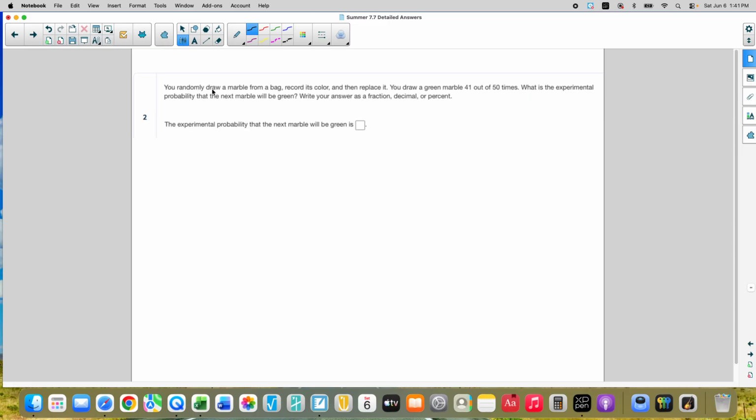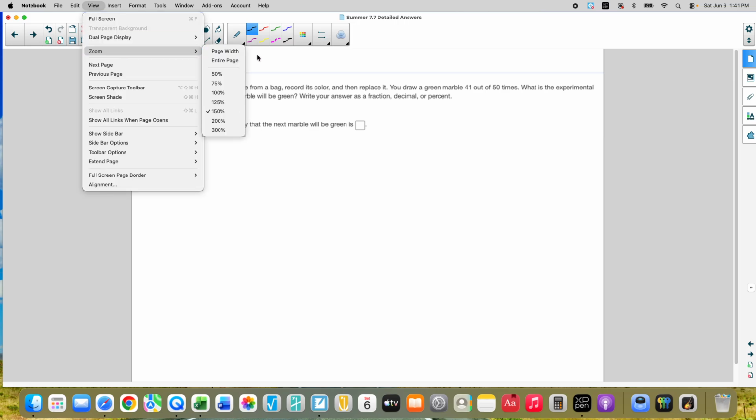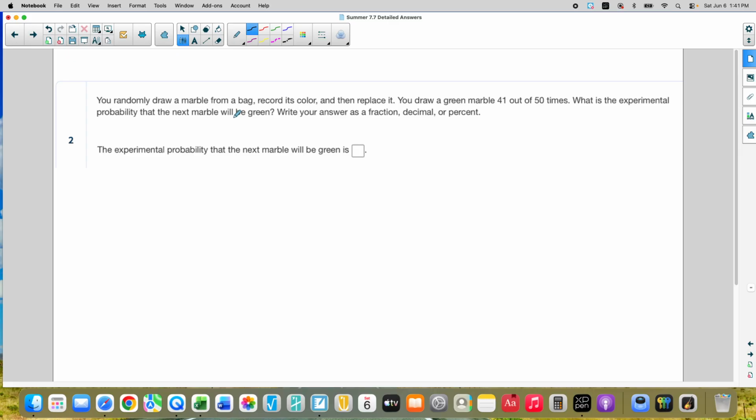You randomly draw. Let's increase that view here. Let's zoom that out a little bit. There we go. You randomly draw a marble from a bag, record its color, and then replace it. You draw a green marble 41 out of 50 times. What is the experimental probability that the next marble will be green?